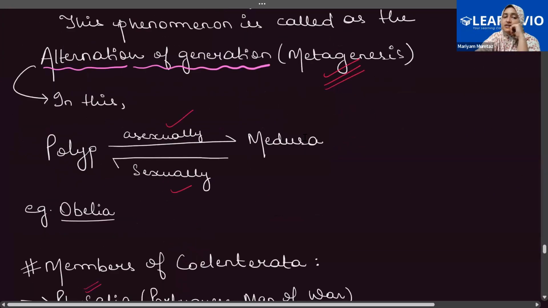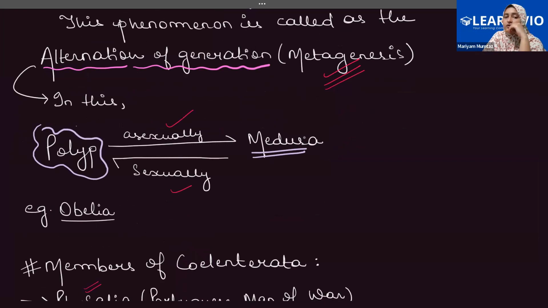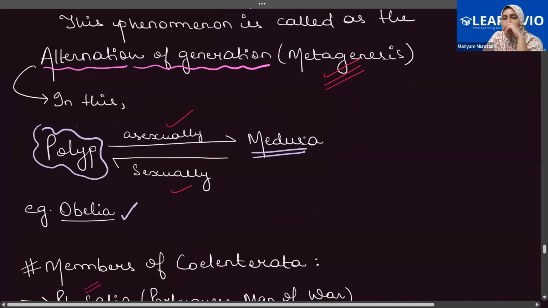For example, if the organism is initially in a polyp form and it reproduces asexually, it becomes a medusa form. Then if the medusa reproduces sexually, it will turn into the polyp form. The organism that can do this is Obelia. Any doubts up until now?